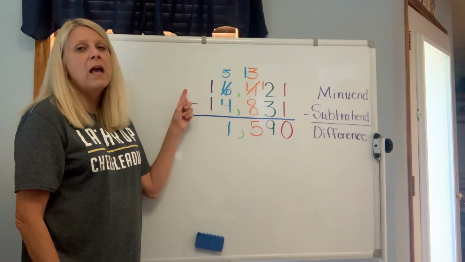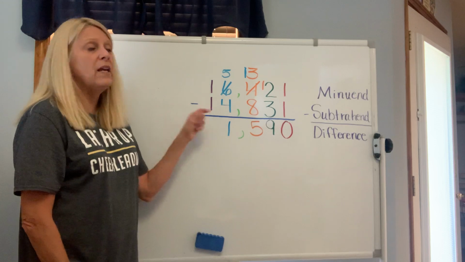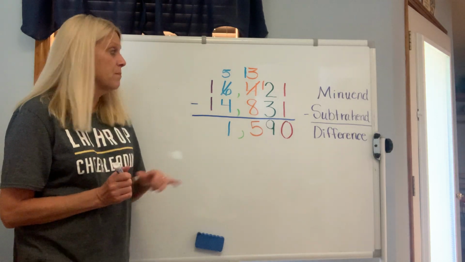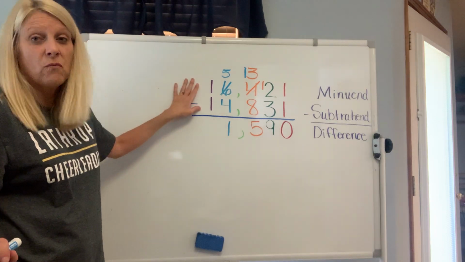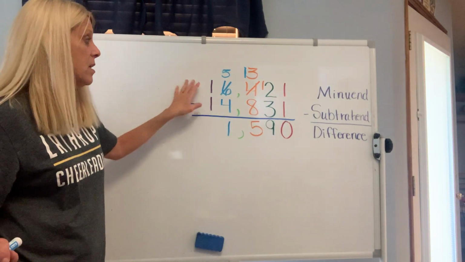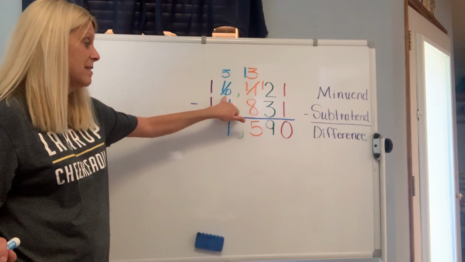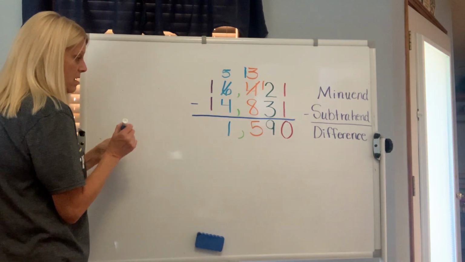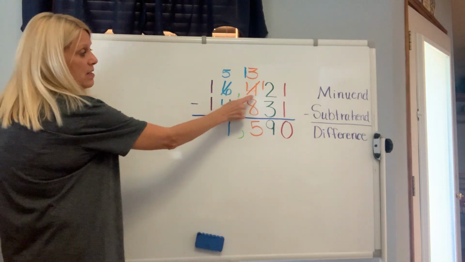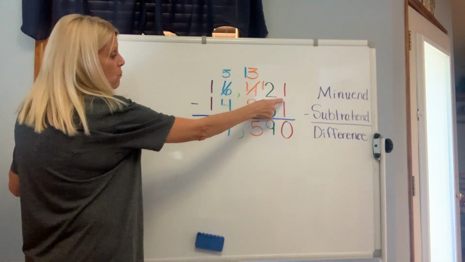Okay, another thing you're going to be asked to do is to make an estimate. Remember, when we estimate, we round numbers. So we are going to round these two numbers to the nearest 1,000. Okay, so we have 16,421.